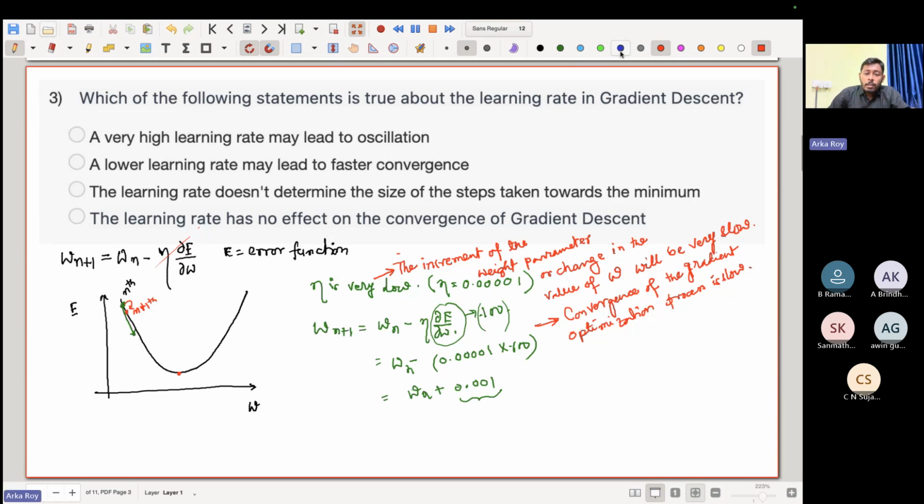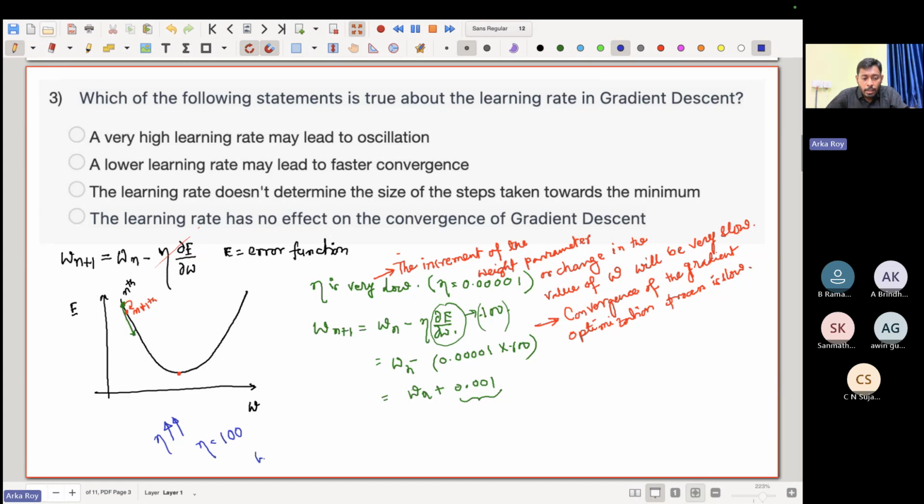Now let us consider your eta value is very high. Let's say eta is equal to 10 to the power, let's say, 100.